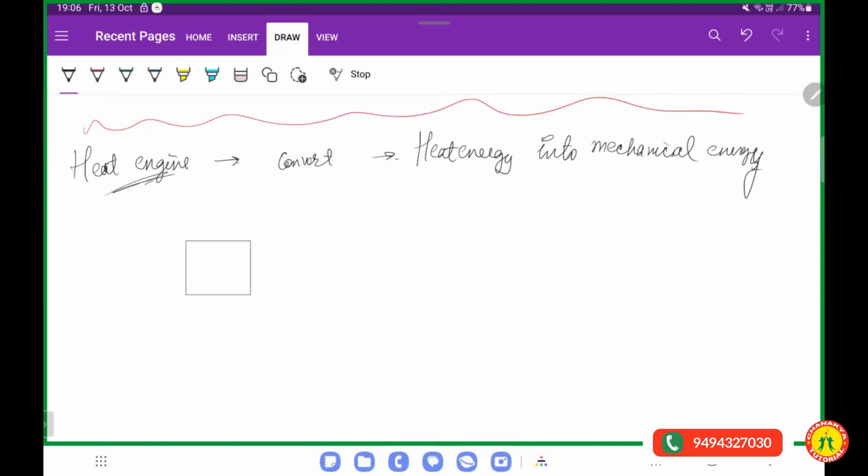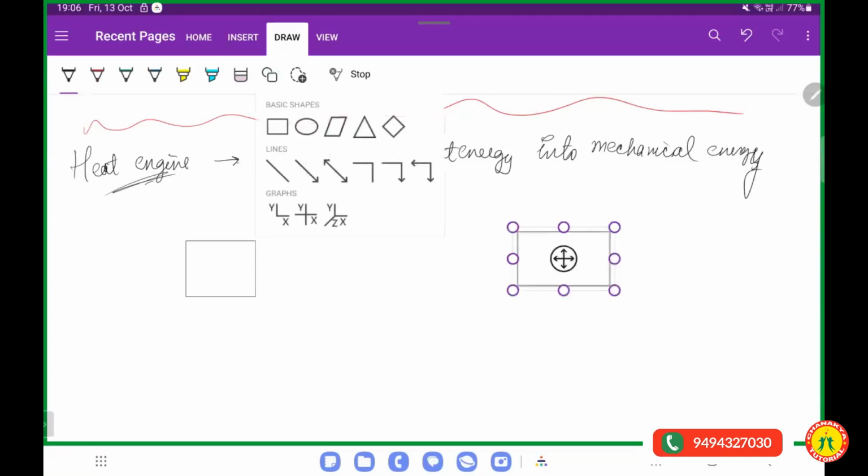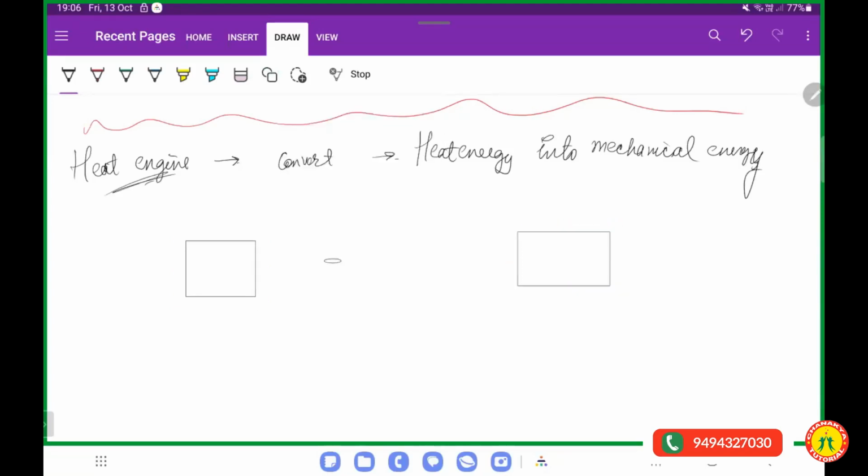So if we take this as a hot reservoir and this as a cold reservoir.